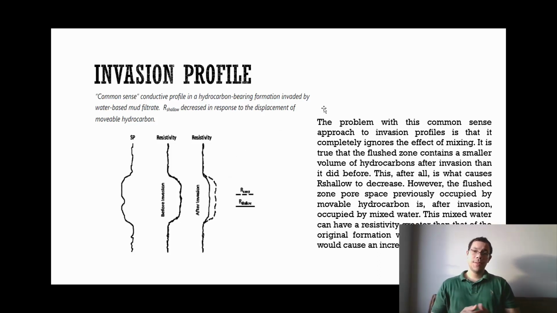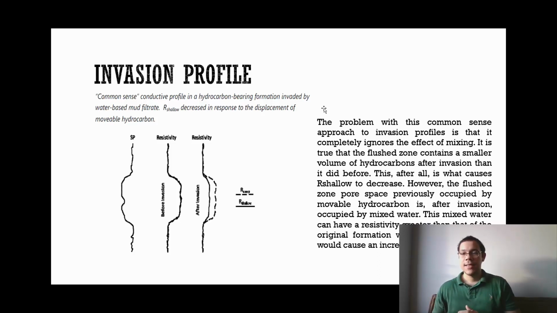The problem with this common sense approach to invasion profiles is that it completely ignores the effect of mixing. It is true that the flushed zone contains a smaller volume of hydrocarbons after invasion than it did before. This, after all, is what causes your shallow resistivity to decrease. So up to this point, we're okay with common sense.